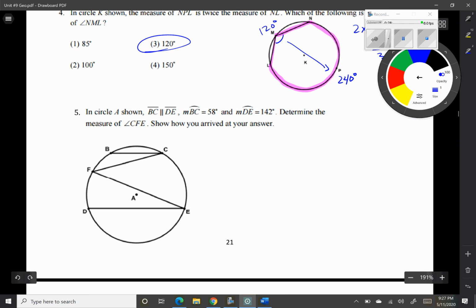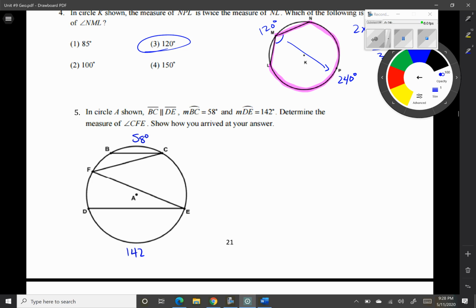Number 5 says that we have a circle. It says that BC is parallel to DE, and arc BC is 58 degrees, this arc up top. It also says that arc DE is 142. It then says determine the measure of angle CFE.